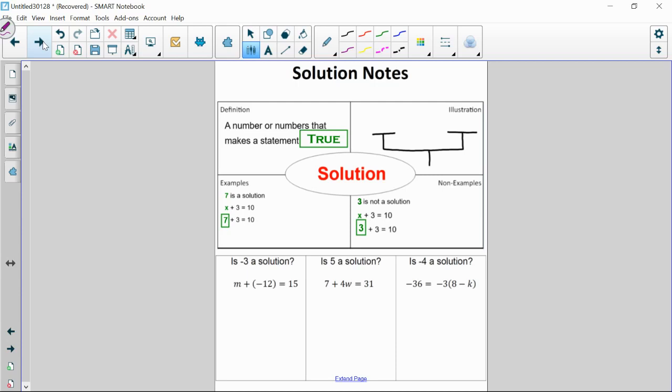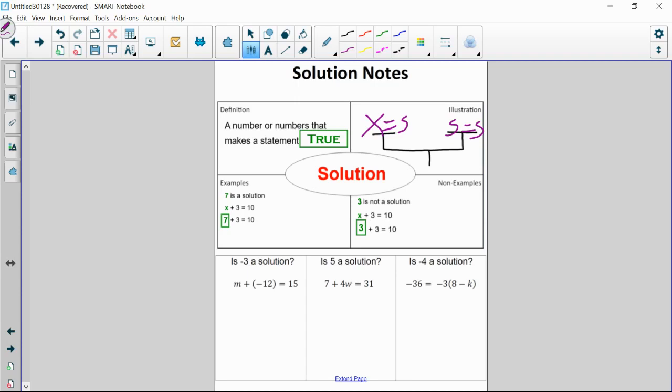That's a real important part of knowing what an equation is. So if I was to say x equals 5, that means 5 equals 5. It is still balanced. You'll hear more about that as we get to actually solving one-step equations.